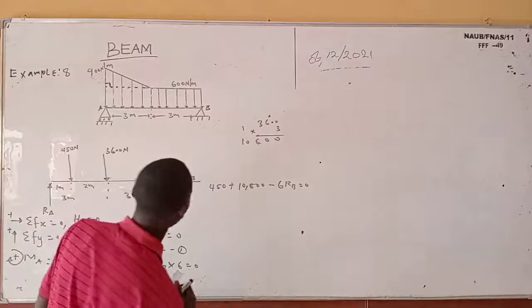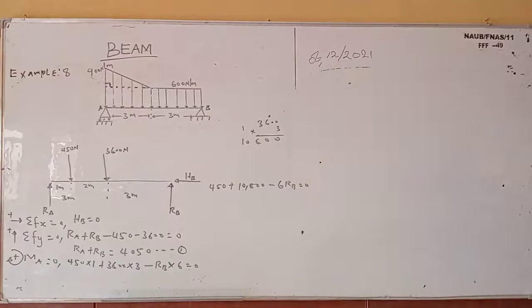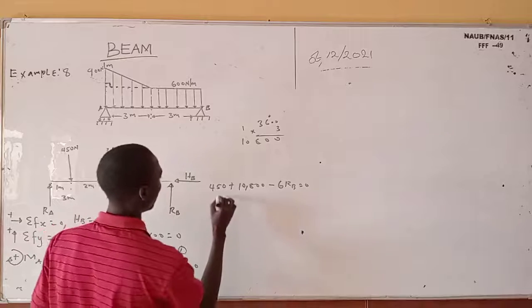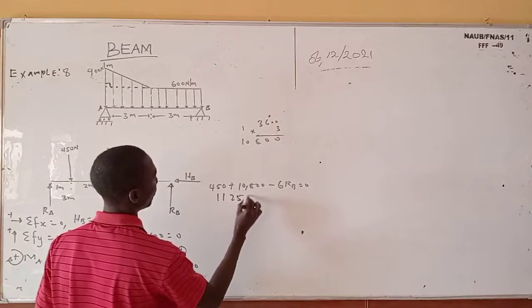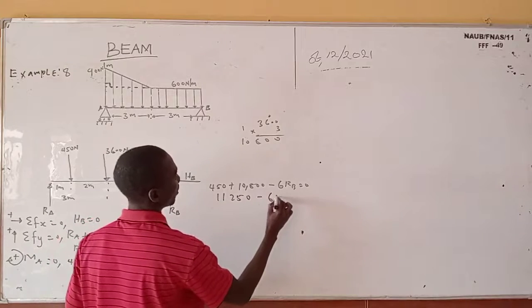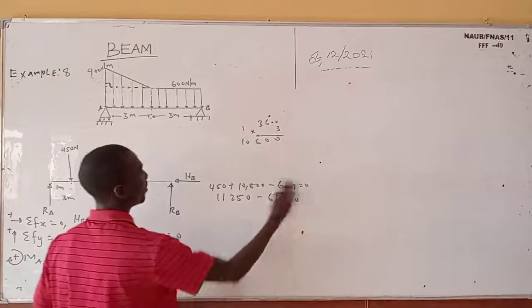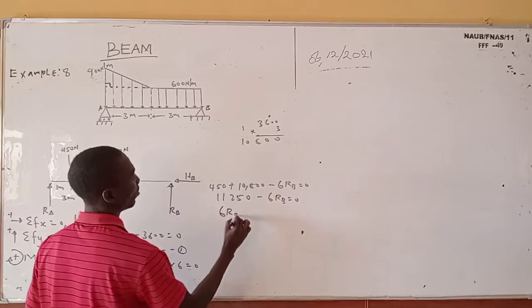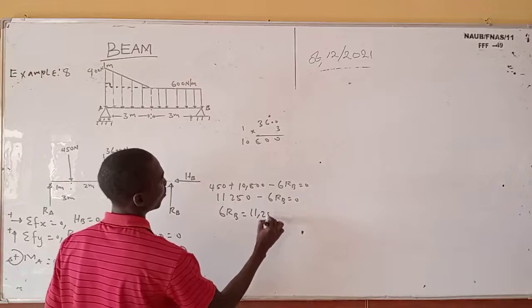When we add this together, we are going to have 10,800 plus 450. That is 11,250. So 11,250 minus 6 ROB equals 0. When this one crosses here, 6 ROB equals 11,250.